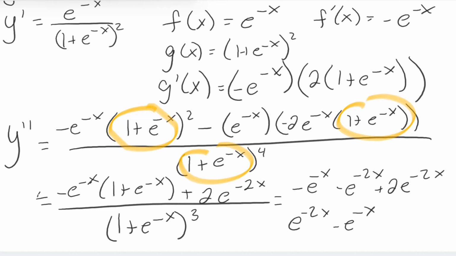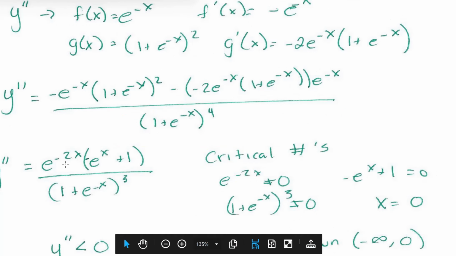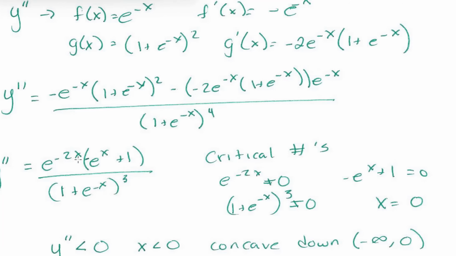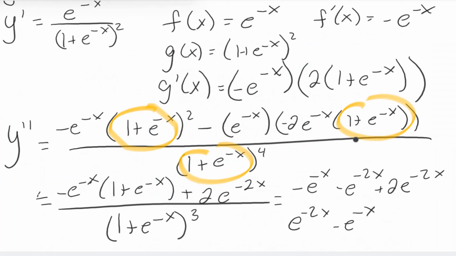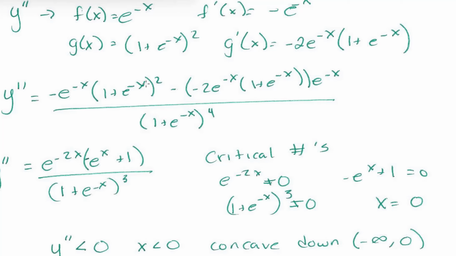In this one I had an e to the negative 2x pulled out, which means I have an e to the third x somewhere. And I don't know where I got the negative third x. Oh, right there. But I canceled that one out. Or did I?